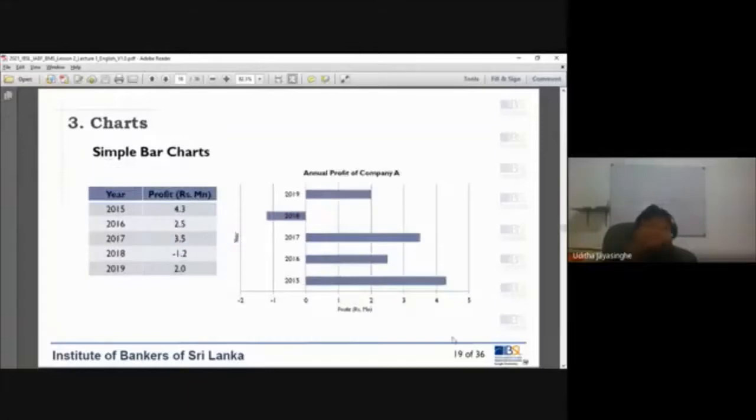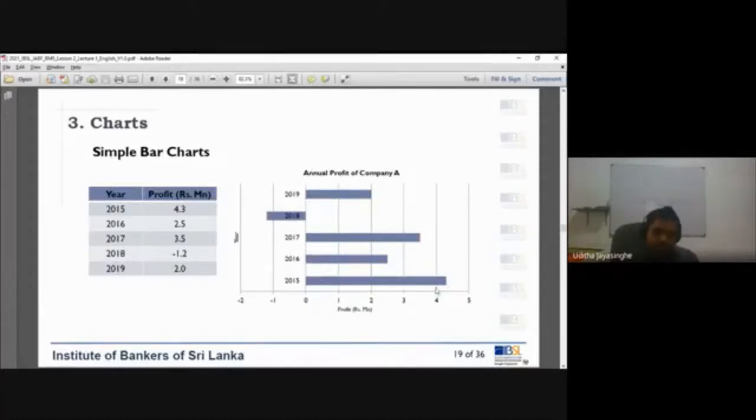If you turn the chart by 90 degrees, you are in a comfortable position to represent negative numbers. Look at these figures. These are profits. In 2018, you have made a loss. So from 2015 to 2019, this axis moves with time, and this x-axis moves with the profit amounts.